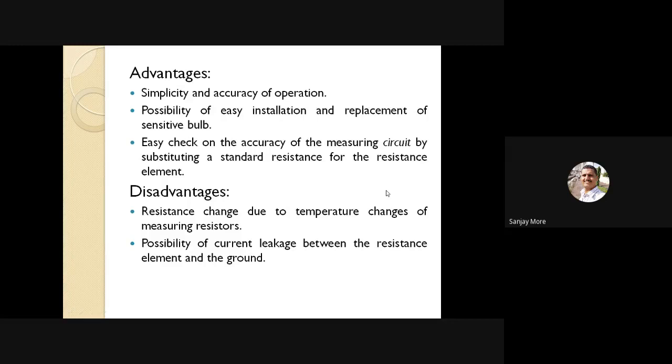And disadvantages of RTD: resistance change due to the temperature changes of the measuring resistors. Here two resistors are used, one laboratory and the other industrial resistance, so due to these changing resistors, the temperature also will change. Possibility of current leakage between the resistance element and the ground.